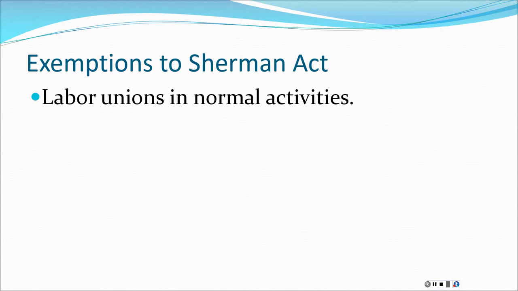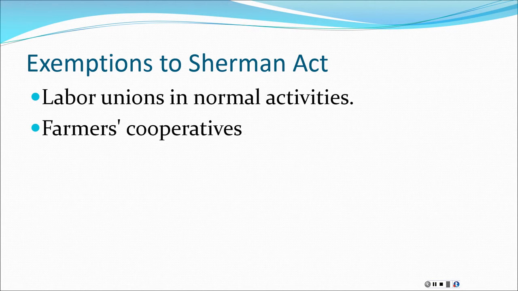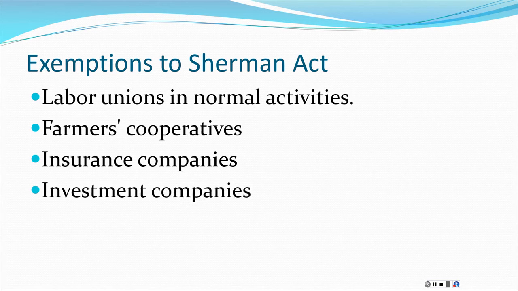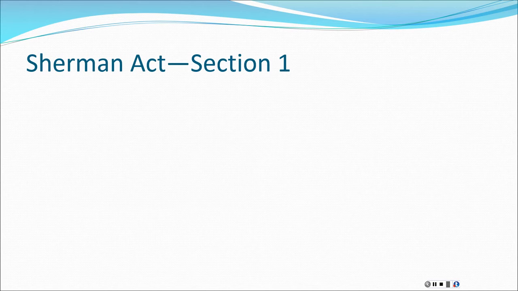Labor unions in normal activities, of course, this is the way that labor unions gain their power, through working together, group boycotts and things of this nature. Farmers' cooperatives, and that's the way farmers work together historically. Insurance companies, because they are protected, and investment companies, because they're protected as well.